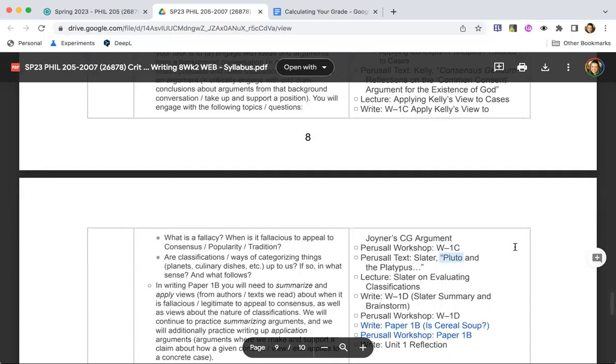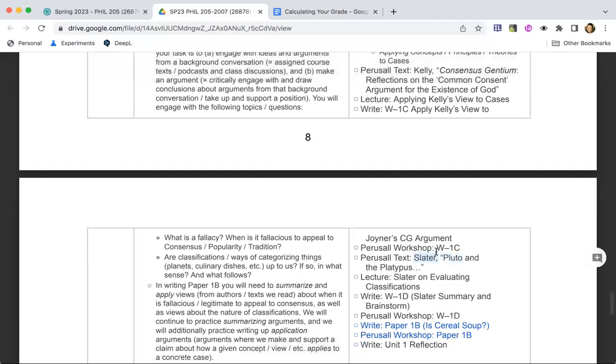It used to be in the category planet. It somewhat recently got kicked out. What makes one way of categorizing celestial objects any better than another? Is it up to us? We're going to read a paper about that. Slater is going to say some stuff about the sense in which categories may be up to us, and then you're going to apply it to soup, culinary categories.